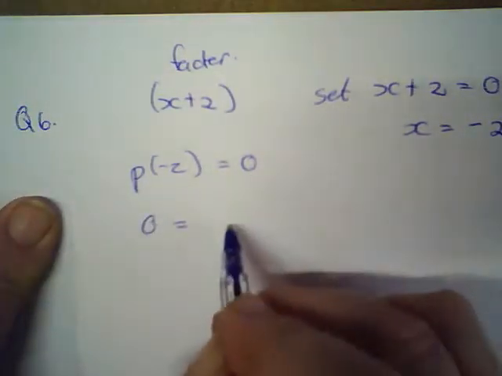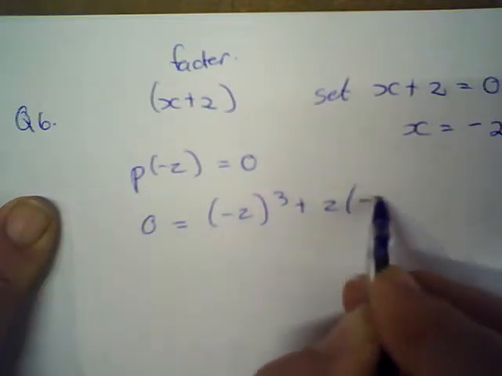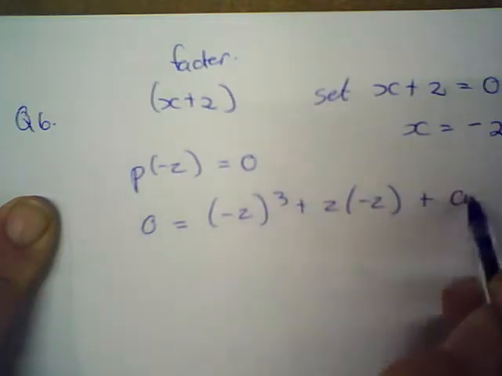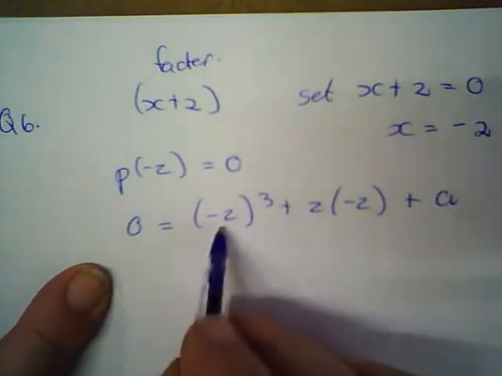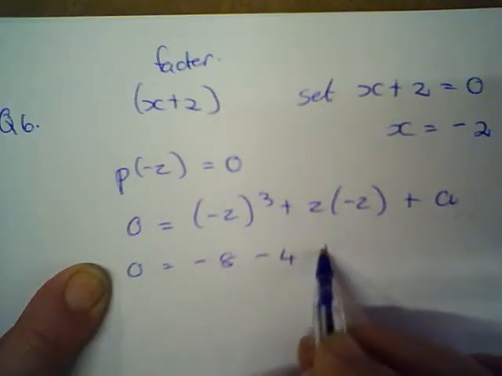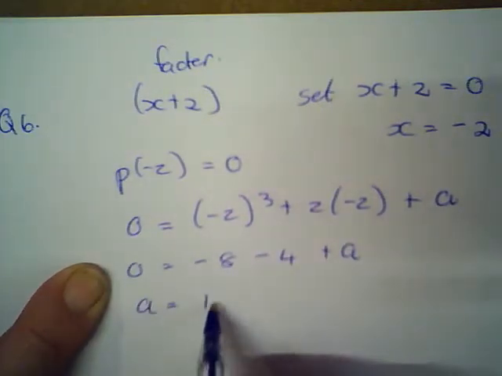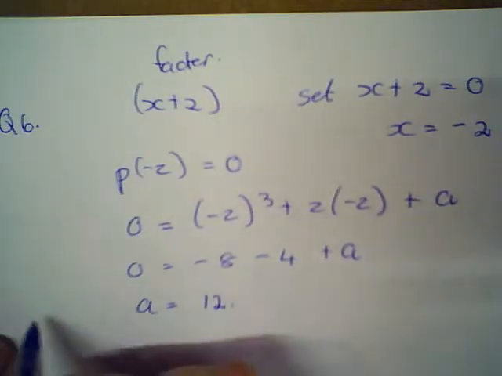So 0 equals negative 2 cubed plus 2 times negative 2 plus a, because that's my polynomial, and I can simplify that. So 0 equals negative 8 negative 4 plus a, so a seems to be 12. Okay, and that's the first part, and that's worth 2 marks.